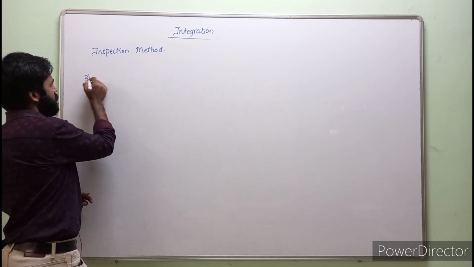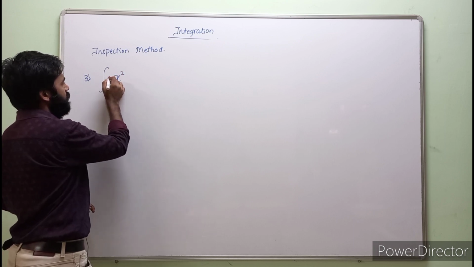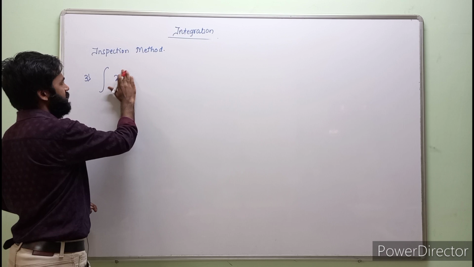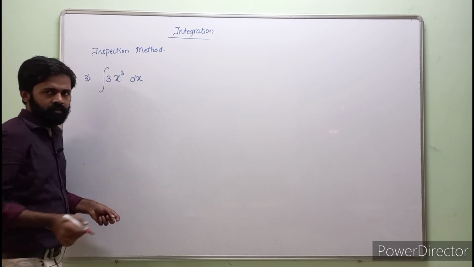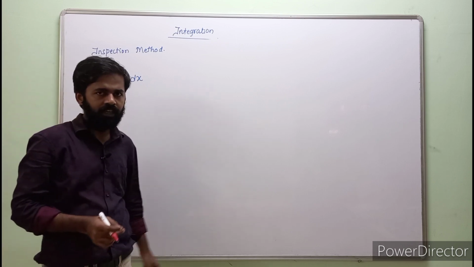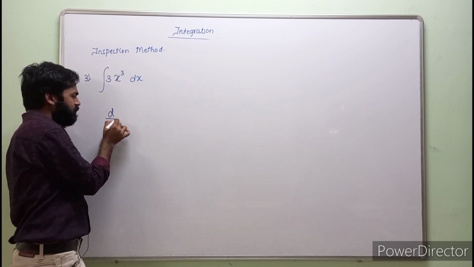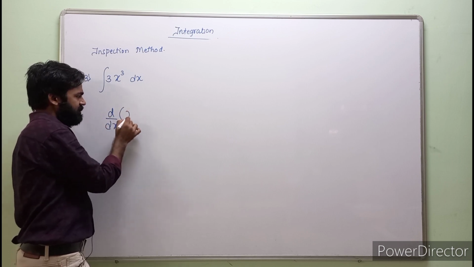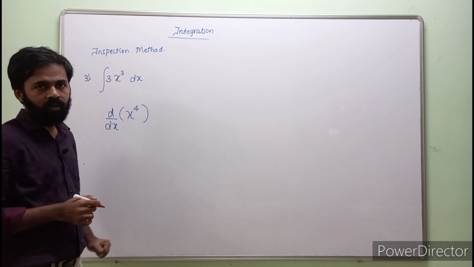Let's take one more example. Integration of, let's say you want to find, let's take it as 3x cube dx. Let's say you want to find the integration of 3x cube. What we should do? See, you should differentiate the x raised to 4 term to get the x cube term.